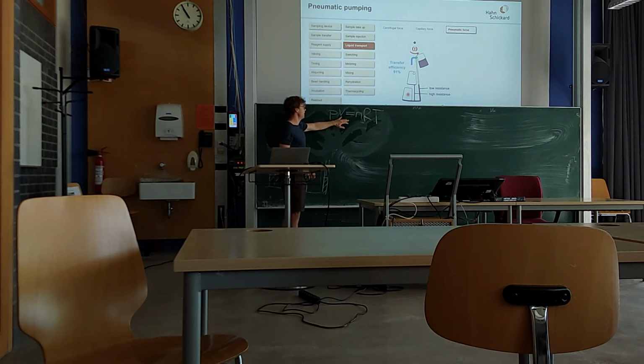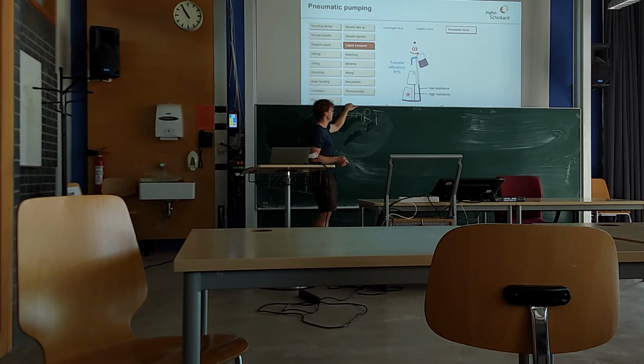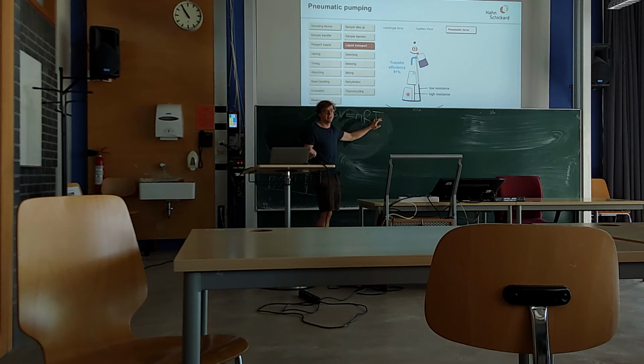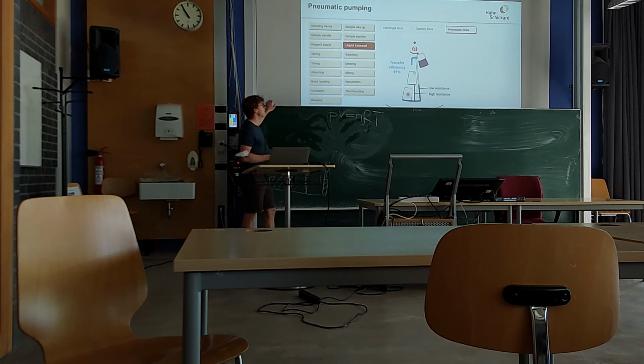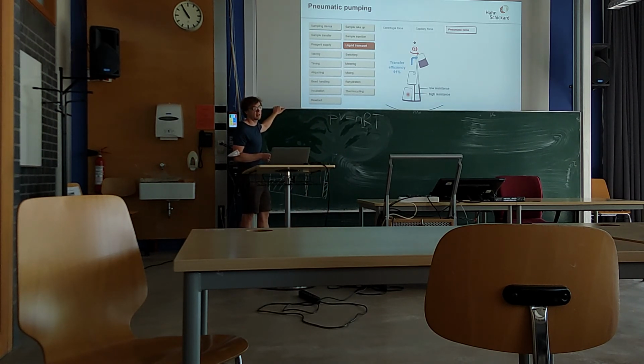So the volume is fixed because it's defined by our geometry, but you still have the amount of substance and the temperature. So in theory, and what we often do in our daily routine is that we use temperature because we need it anyhow for our biological assay integration. And by increasing the temperature, you can increase the pressure even further and get much better efficiencies for the transfer.